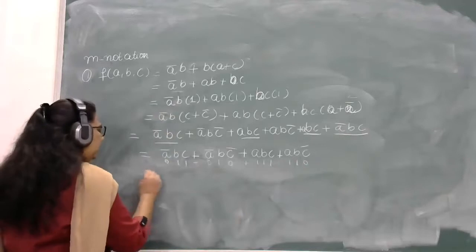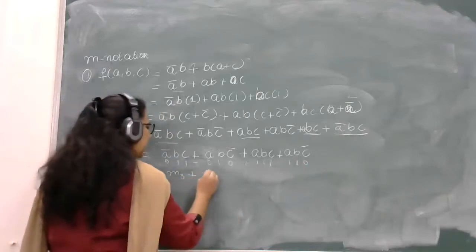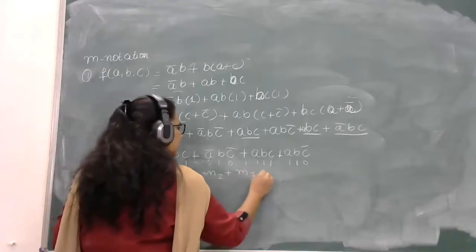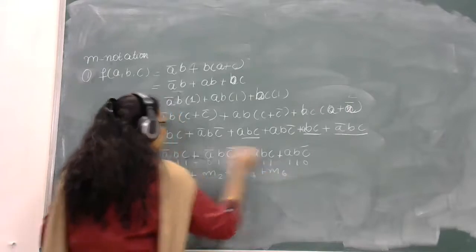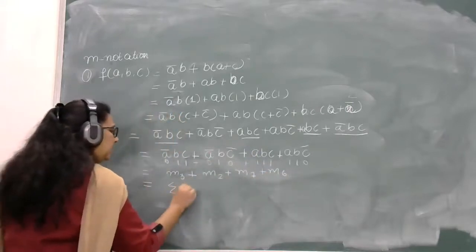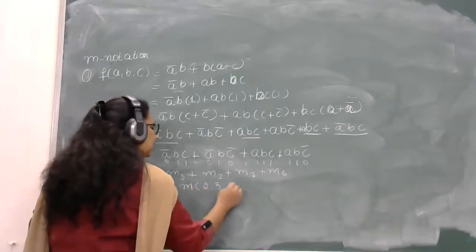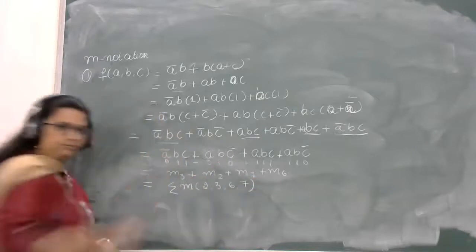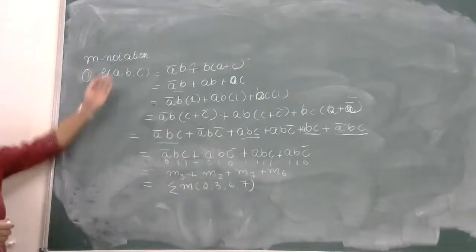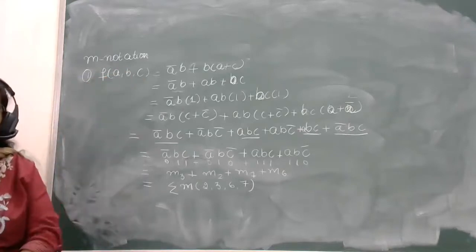So it becomes m3 plus m2 plus m7 plus m6. Let me write it in order. That is nothing but sigma m of 2, 3, 6, 7. Right? So this is my m notation. So I converted a given Boolean expression to its corresponding m notation. Any doubts?